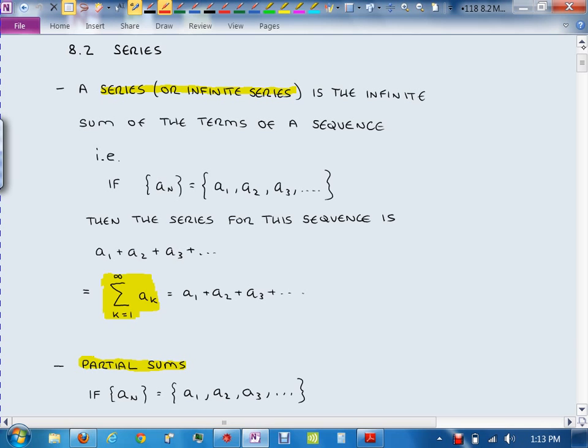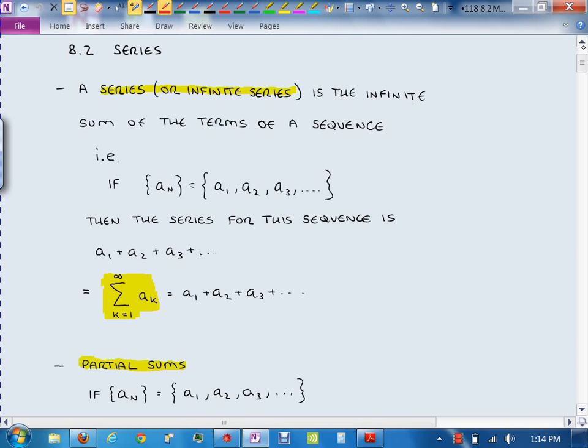All right, we ended last time with the idea of sequences, right? Sequences are just a list of numbers, and we were looking at the different properties of those things. And now what we want to do is talk about a series. Not sequence, series. A series, or an infinite series, is the infinite sum of the terms of a sequence. So a sequence is a list of numbers, right?